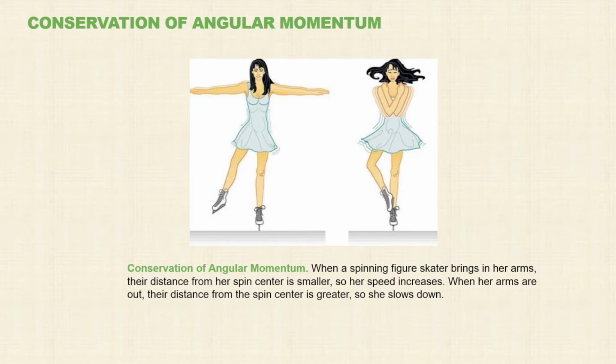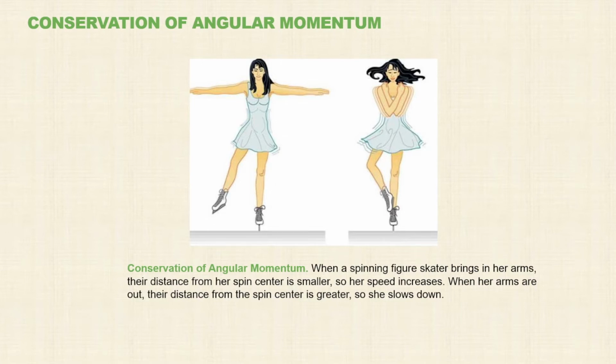Next, when they bring their arms and legs closer together, all that mass that was spread out at a bigger radius is now closer to the rotation axis.